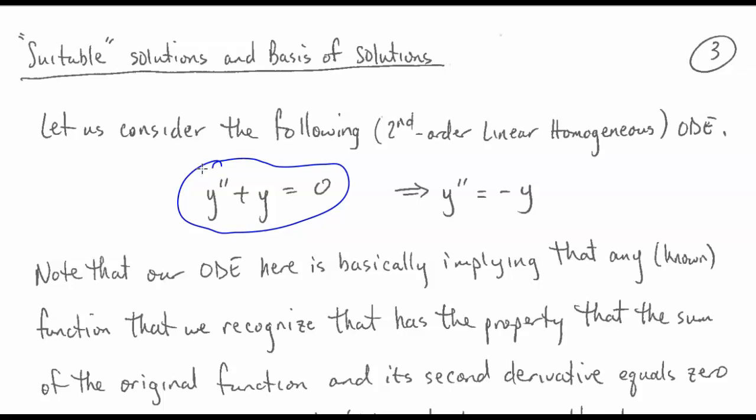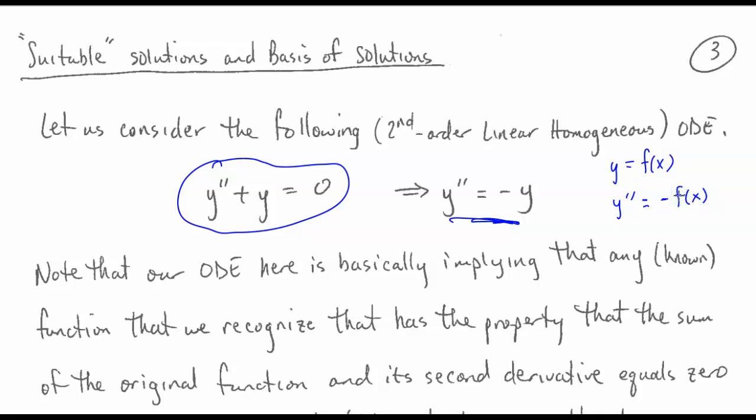Okay. Now we see if we rewrite this equation this way, what this is essentially telling us is that if I have some function y equal to f of x, basically y is a function of x, then what I'm saying here is that if I take the second derivative of that function, then it's just going to be the negative of the original function that I started with.